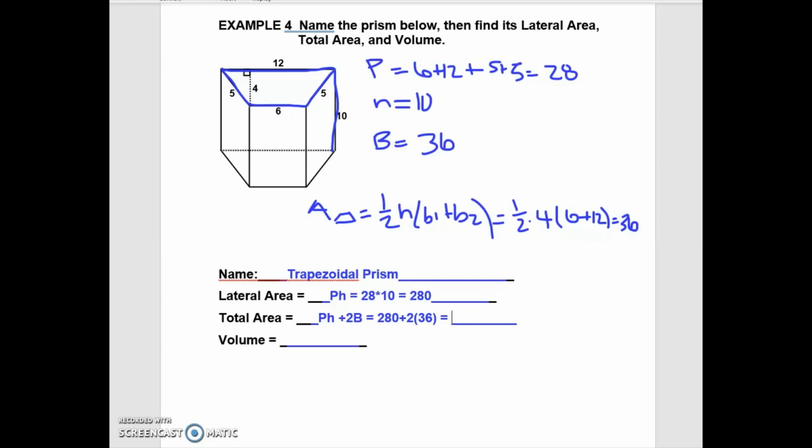All of that equals 352. And then our volume is capital B times height, which is 36 times 10. So that equals 360. Woo woo!